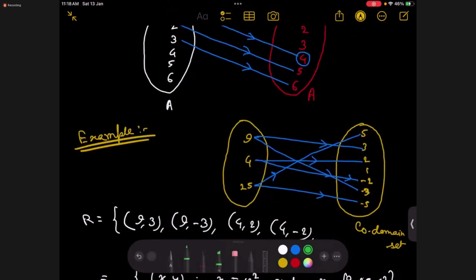In the second case, 9 has two images. 9 goes to 3 and 9 goes to -3. How have we defined a relation? We can have two images of 9. Similarly, 4 has two images. 4 goes to 2 and 4 goes to -2, right?